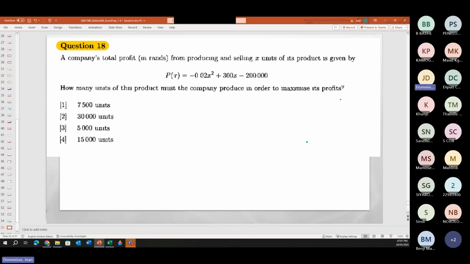Okay, so what must happen if you need to maximize the profits? What are you going to do to maximize the profit? How are you going to work that out?